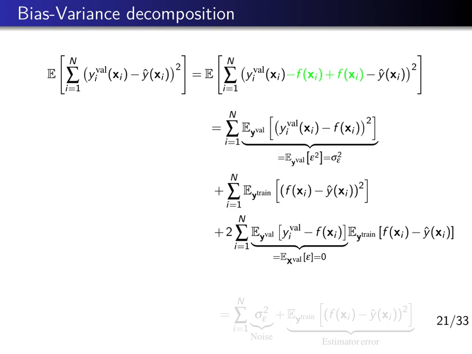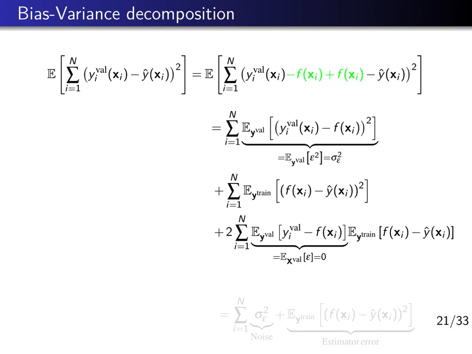Now if you apply the binomial formula to this sum over squares, we get the following. We get three terms of sums over expectation values. The first term is the sum over expectation values, where we compute the square difference of the label at the validation data point and the true function.